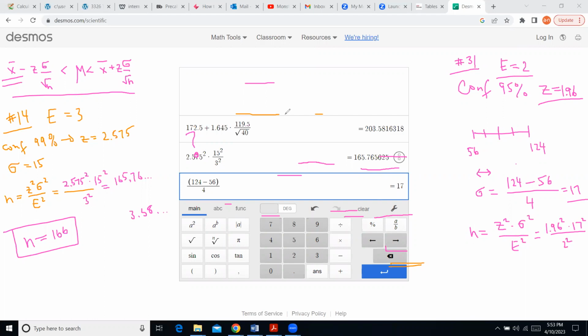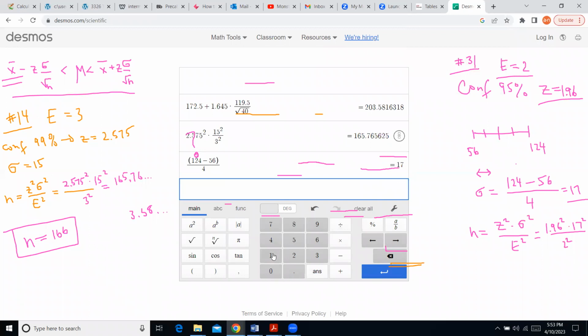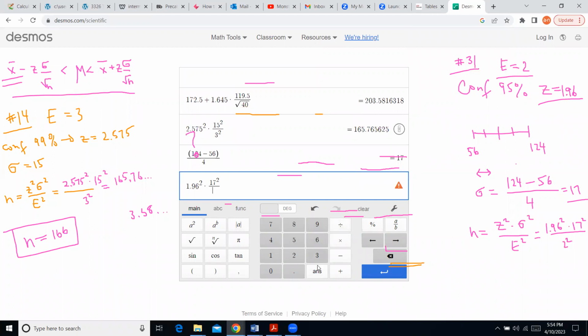So put this in a calculator. Don't do the exercises with not enough information, but I think doing it just once is helpful to show that we can do pretty much any problem here anyways. Times 17 squared divided by 2 squared.